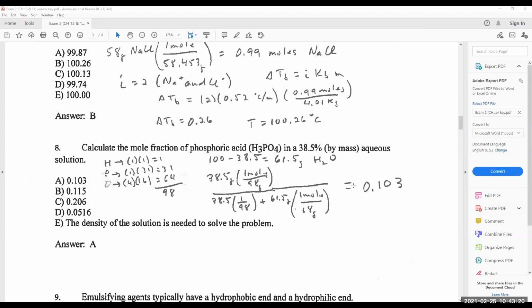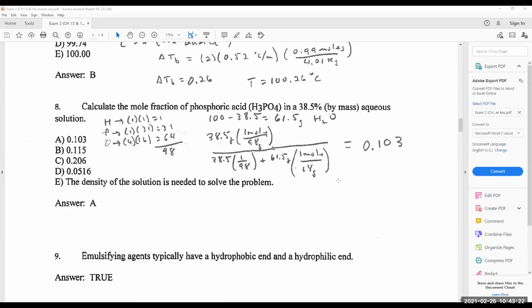Number 8, calculate the mole fraction of phosphoric acid, H3PO4, in a 38.5% by mass aqueous solution. So what that tells us is we have phosphoric acid and we have water there. Those are the only 2 things.